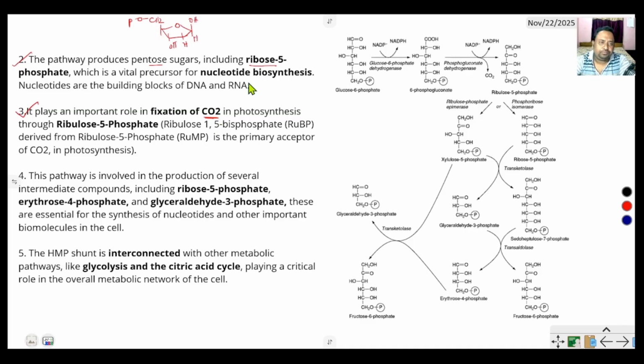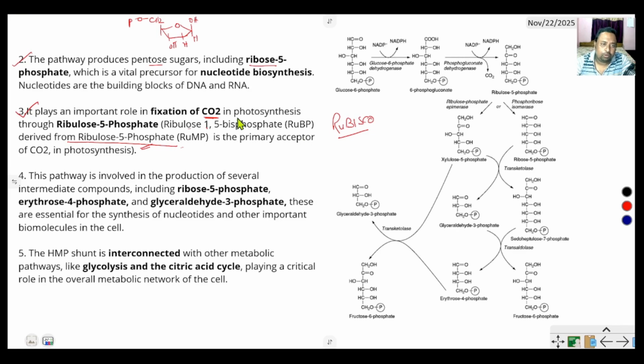Ribulose 1,5-bisphosphate, in the presence of the Rubisco enzyme, ribulose bisphosphate carboxylase oxygenase, acts in the carboxylation process, absorbing carbon dioxide during photosynthesis.